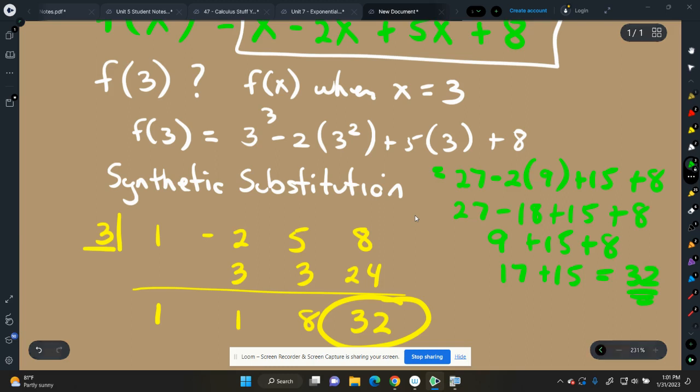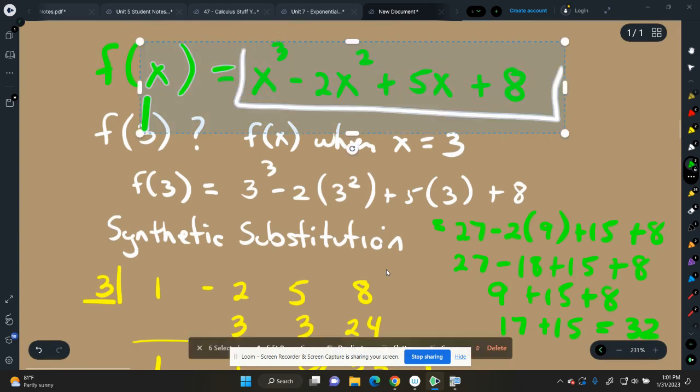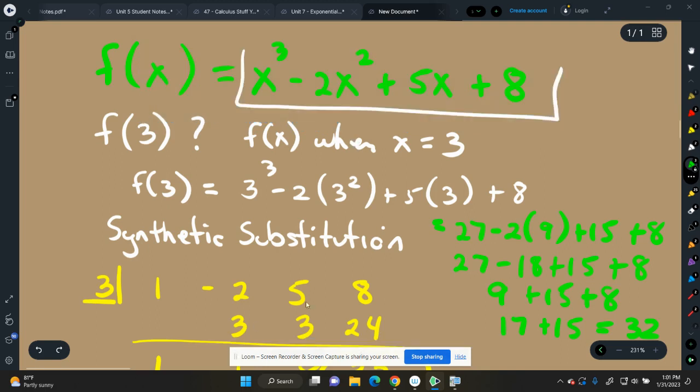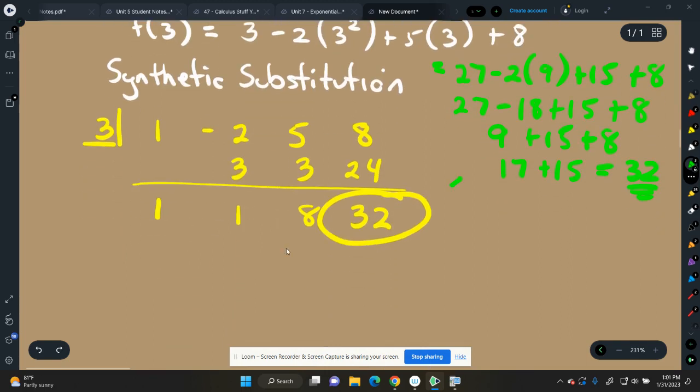Okay? So synthetic substitution, instead of plugging the number in for x, I use the same method as synthetic division. My answer is whatever's at the end. The remainder, that's my answer.